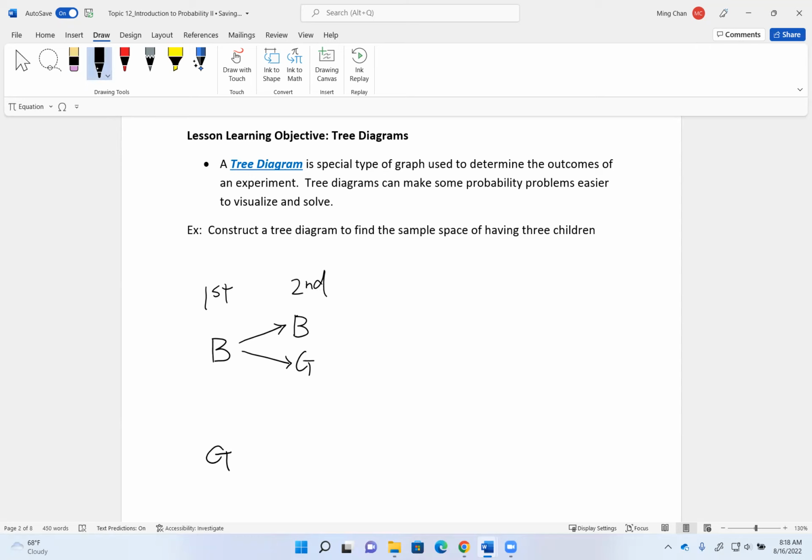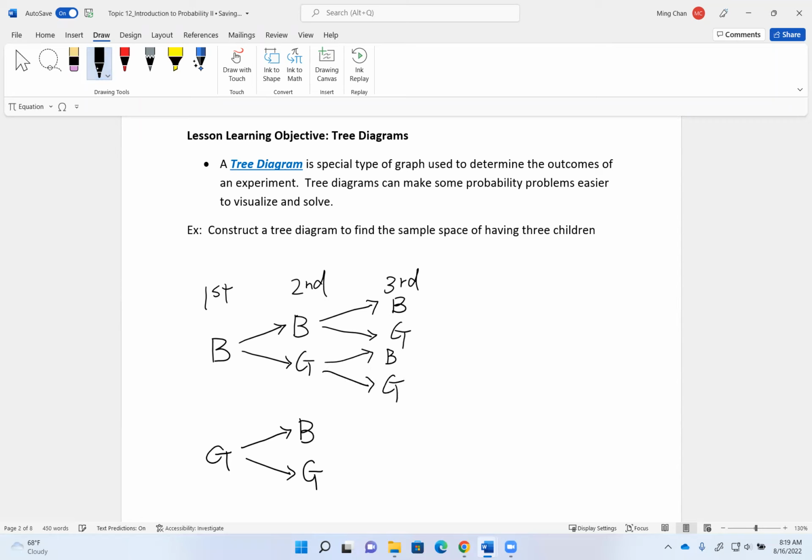If the first child is a girl, then the next child can be a boy or a girl. Now the third child. If the first child is a boy and the second child is a boy, then the third child can be a boy or a girl. If the first child is a boy and the second is a girl, then the third child can be a boy or a girl.